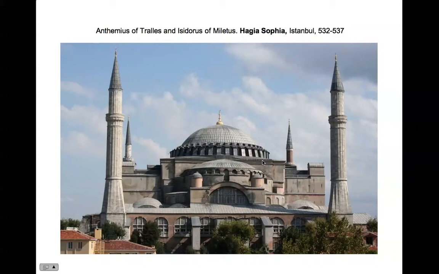They designed this very innovative piece of architecture and created this very innovative dome, as you will see. And the skilled masons who built it were able to build the church in only 5 years, in the years 532 to 537.